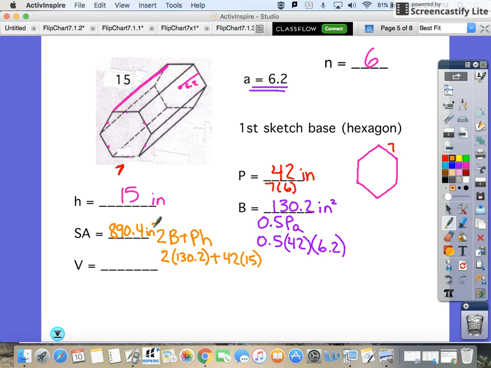And we'll go inches squared because it's surface area. And then last we do volume. So we do B times H, which is 130.2 times 15. 130.2 times 15 is 1,953 inches cubed.